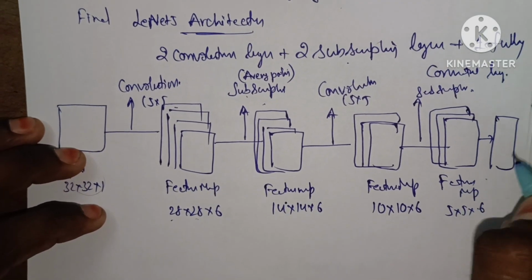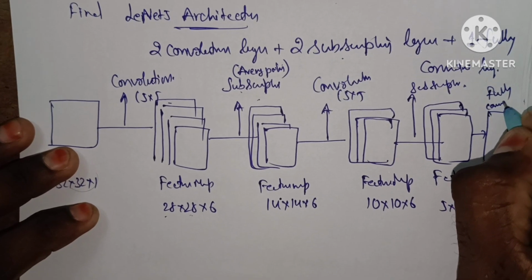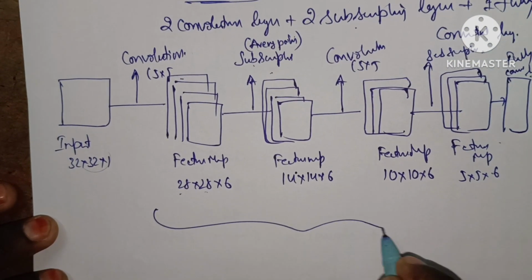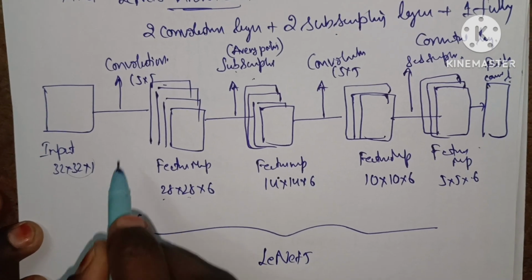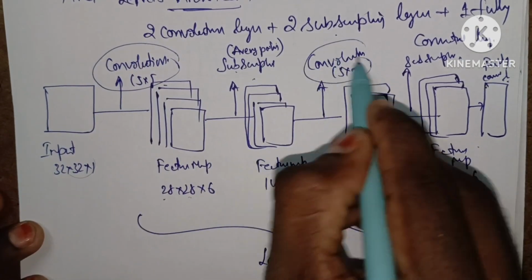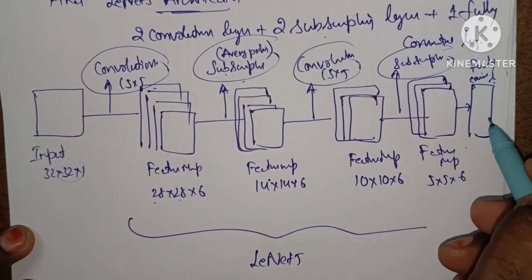Finally we apply the fully connected layer. So this is the complete architecture of LeNet5: two convolution operations, two subsampling techniques, and finally a fully connected layer.